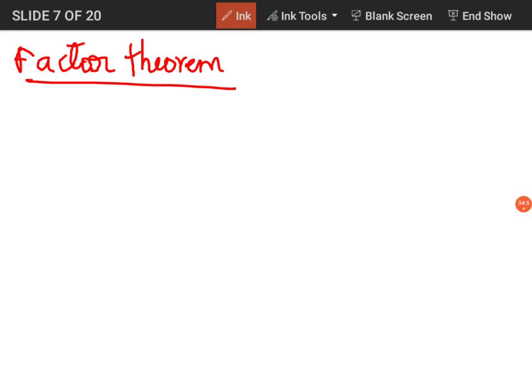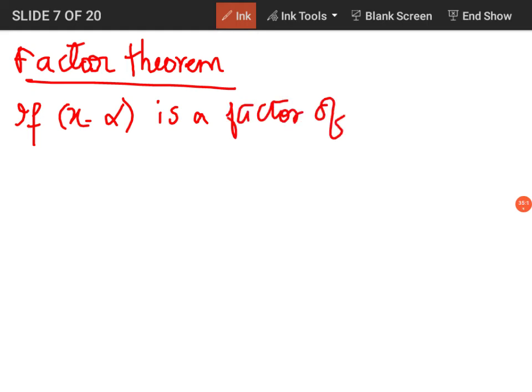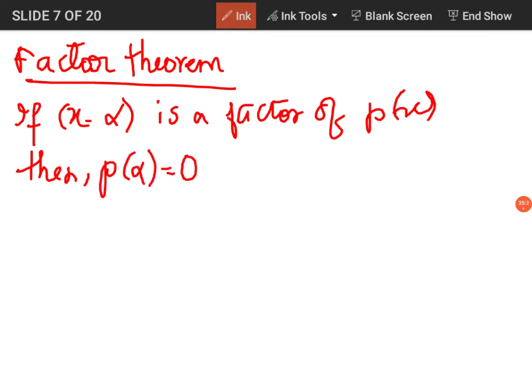Factor theorem says that if x minus alpha is a factor of a polynomial, say p of x, then p of alpha is equal to 0. Okay, so this is what factor theorem says.